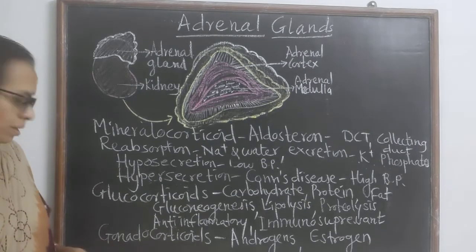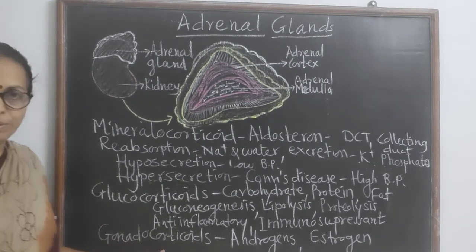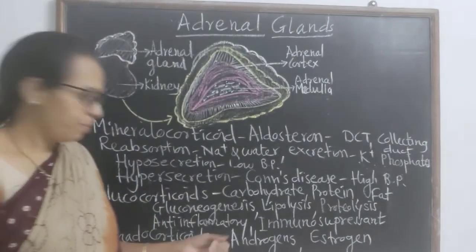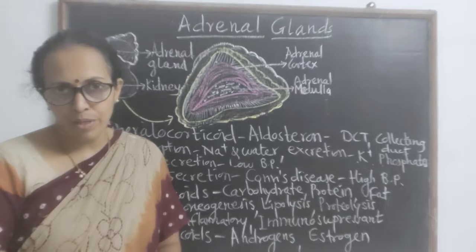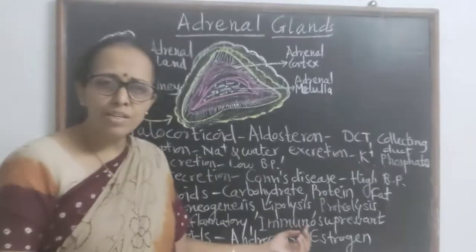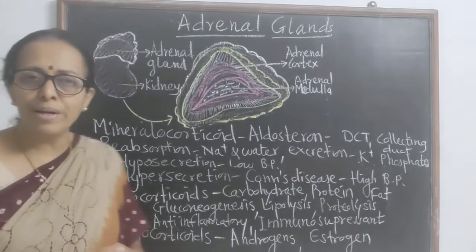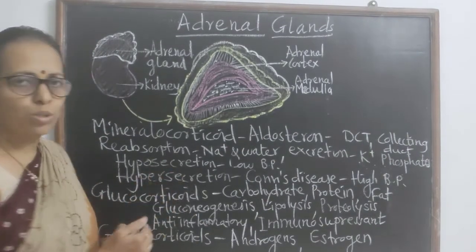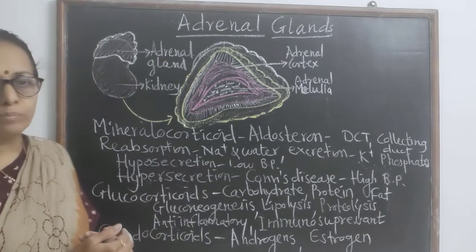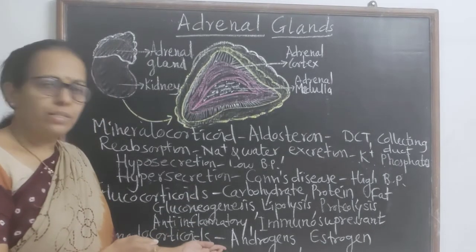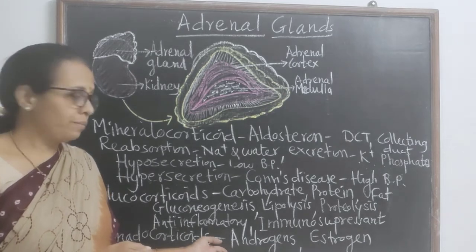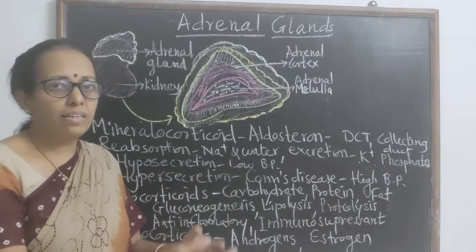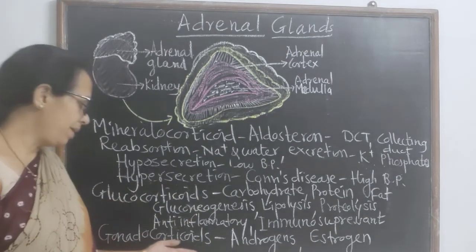The next hormone is gonadocorticoid, which acts in males as well as in females. Very small quantities of these gonadocorticoids are secreted in both male and female by the innermost layer, that is, the zona reticularis, and they act on the external sex characters, which we call secondary sex characters. They are affected by these hormones.